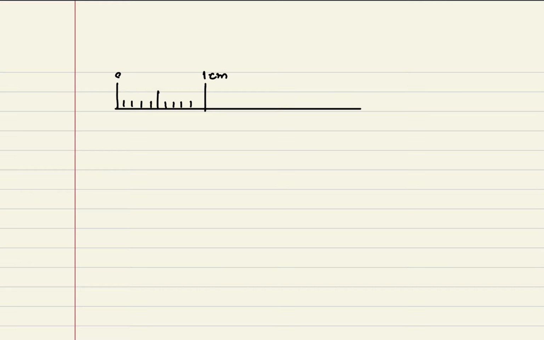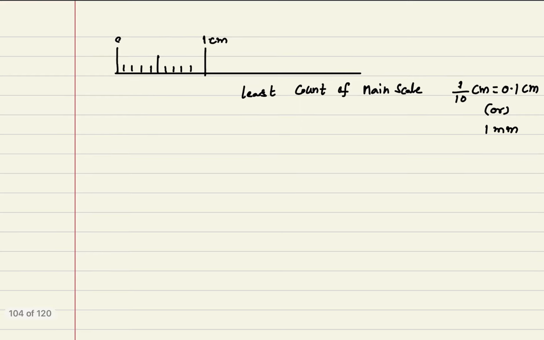Now you can say the least count of main scale. How many divisions are there? 10 divisions in 1 centimeter. So you can write 1 by 10 centimeter, that is equal to 0.1 centimeters, or you can write this as 1 millimeter also.